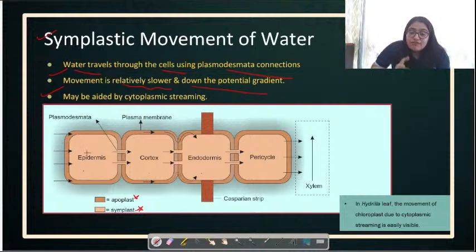Now as you can see, whenever the water, along with the minerals, decides to use the symplastic movement, first of all the water needs to cross the membrane. It is the outermost covering of the protoplast. So first water needs to cross the cell membrane, then it will reach the cytoplasm.